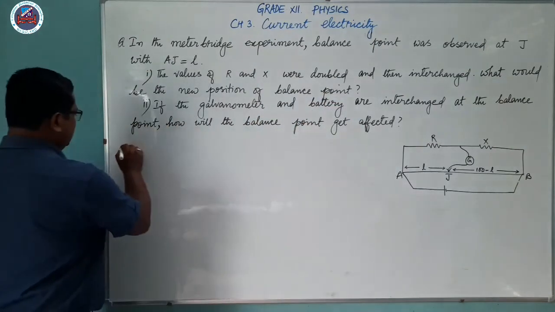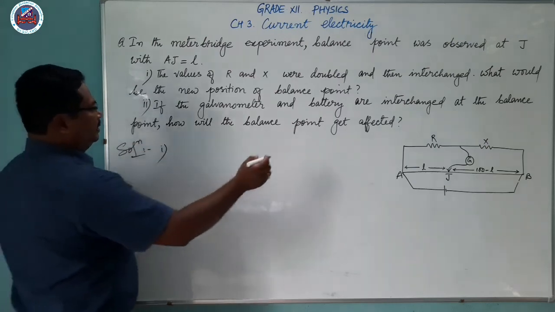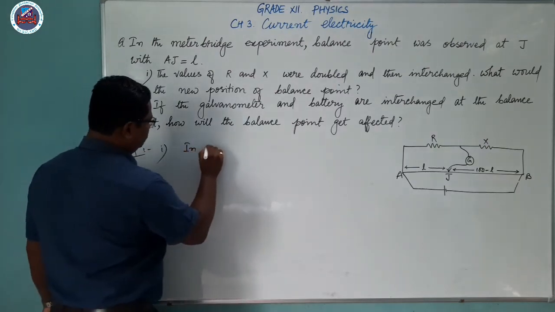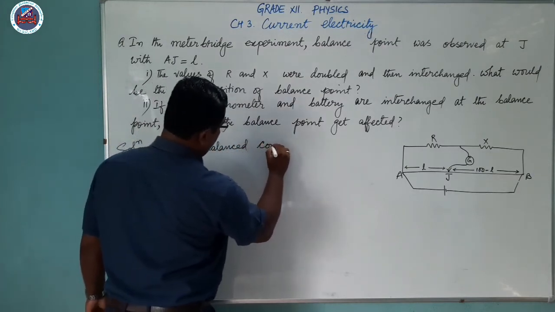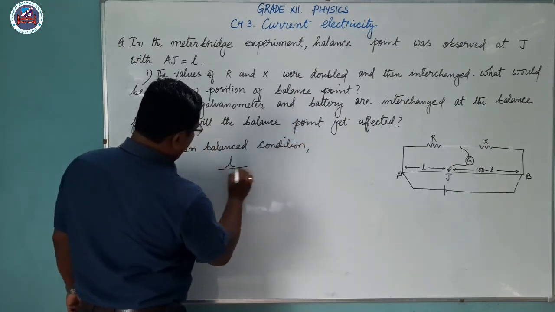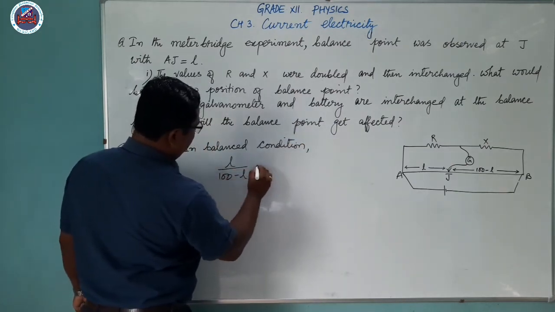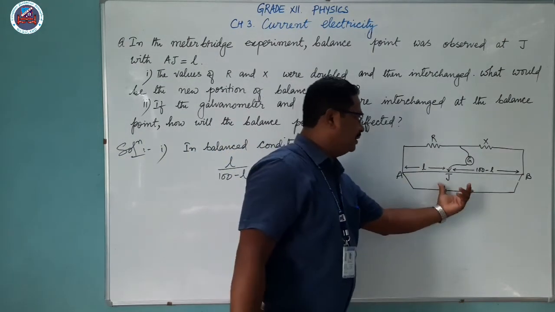Now to solve it, first, in a balance condition, we know that L by 100 minus L, without interchanging, without doubling, let us see the balance condition.